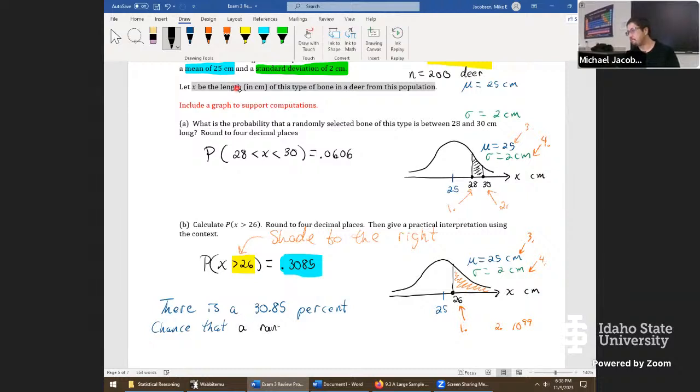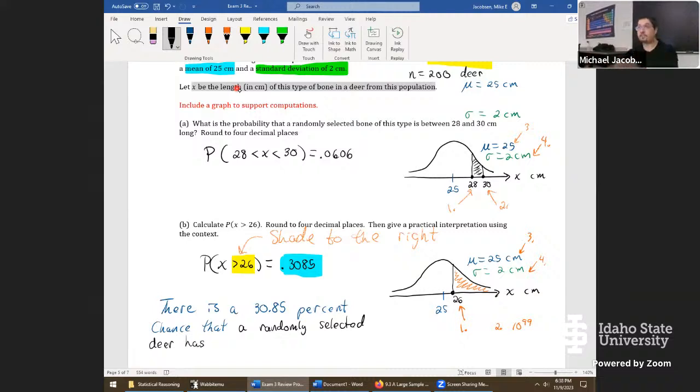a randomly selected, this came from a deer, so randomly selected deer has, well, they told us a specific bone, but they never said what type of bone.